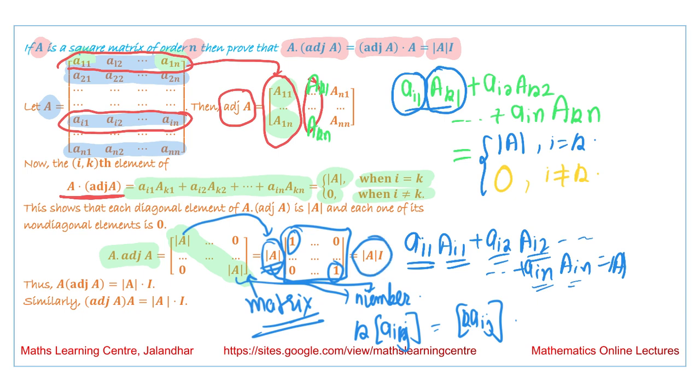So the final result we have obtained is that A into adjoint A is equal to determinant of A into I, and similarly we can prove that adjoint A into A is equal to determinant of A into I.